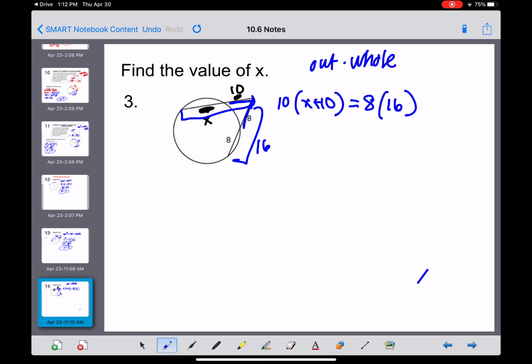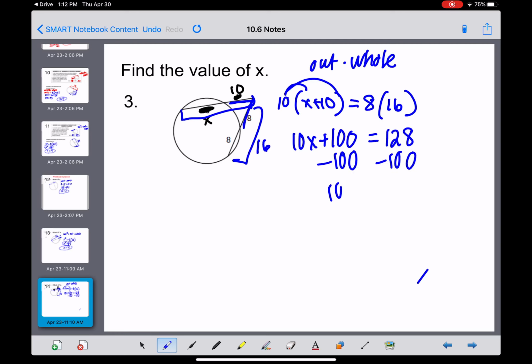So now I'm going to take 10 times x, and 10 times 10, which is 100, and 8 times 16, which is 128. Subtract 100. So 10x is 28. So x is 2.8.